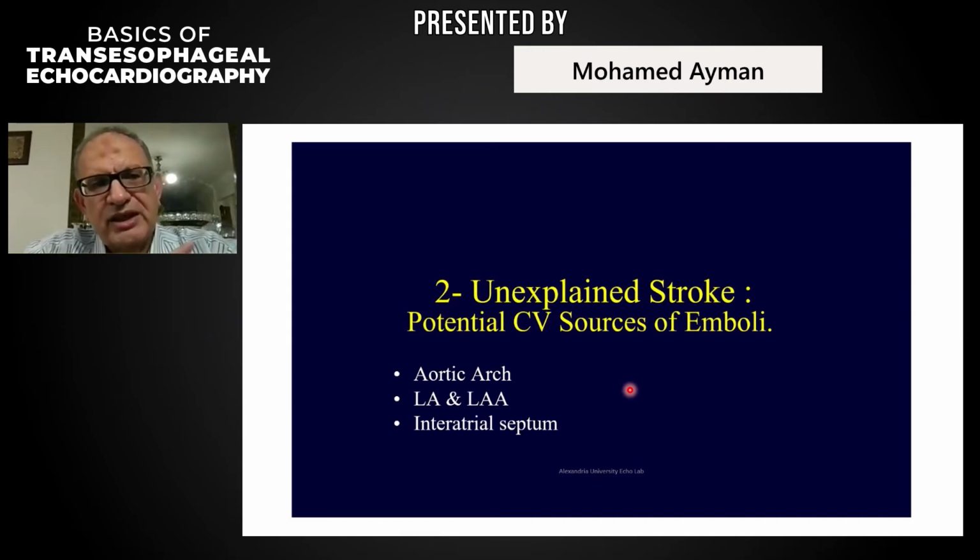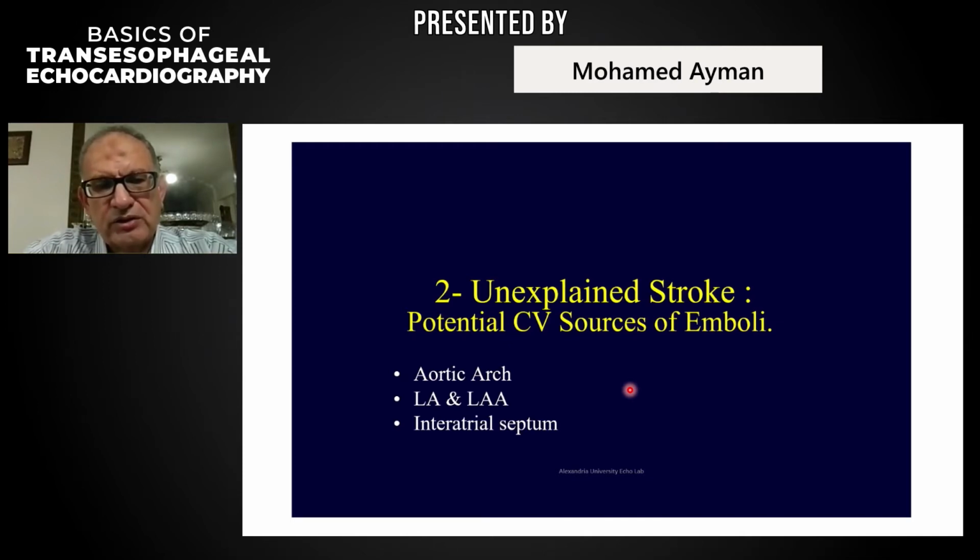So whenever you are dealing with possible embolizations, check the LV apex by transthoracic echo. If the LV apex is clean, then we go for a TEE, looking for potential places which might be responsible for systemic embolizations. What are such places?